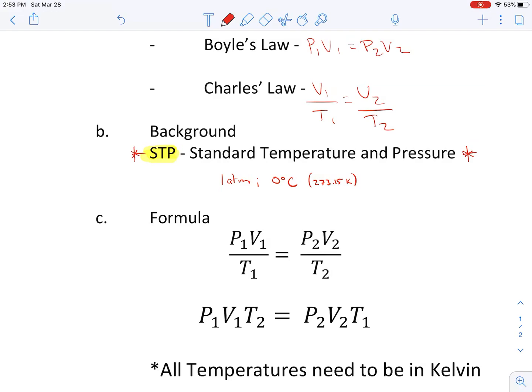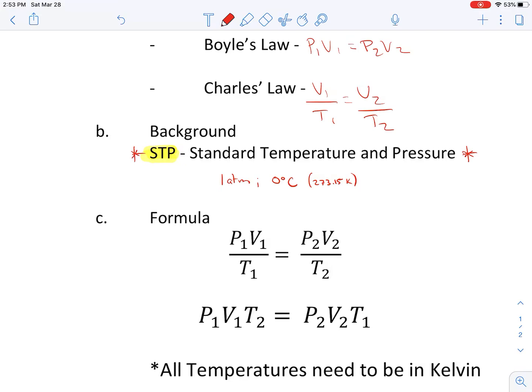Going back to Boyle's and Charles' law, if we slide them together, we get the combined gas law, which is technically all we need to remember: P1V1 over T1 equals P2V2 over T2.